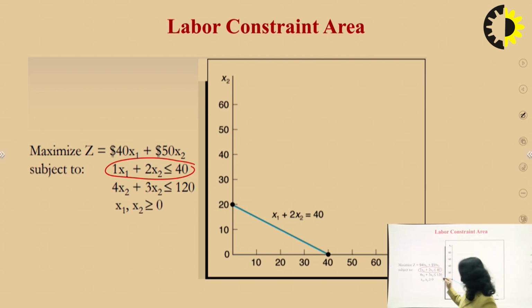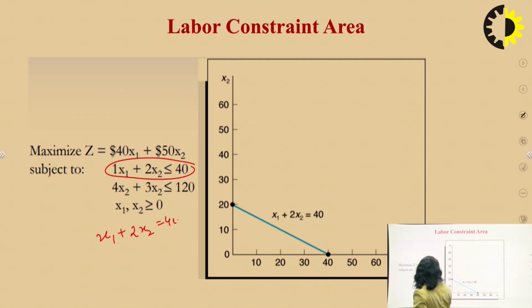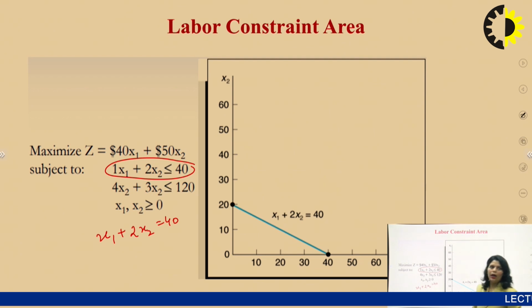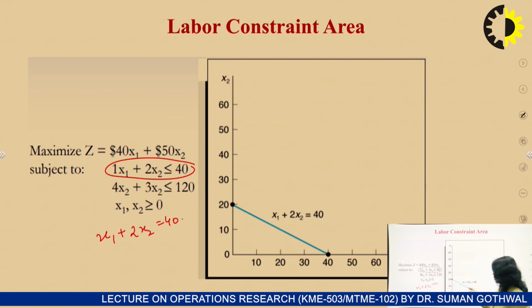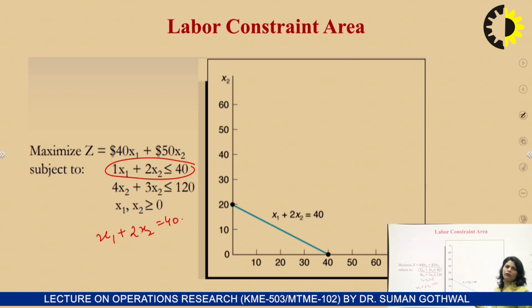If we convert it into the equation, it becomes x1 plus 2x2 equals 40. We will plot this equation onto the graph. We will get the two coordinates x1 equals 40 and x2 equals 20. We have plotted this line here.